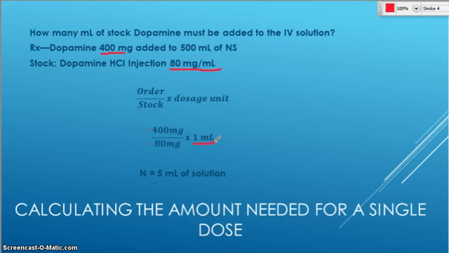Now we're ready to go ahead and do the math. 400 divided by 80, hit your equals button, you're going to get 5, and then 5 times 1 gives me 5. So it's going to be 5 mL of solution that I'm going to have to draw up and add to that IV bag. So it works the same whether we're talking about an oral medication or an IV medication.